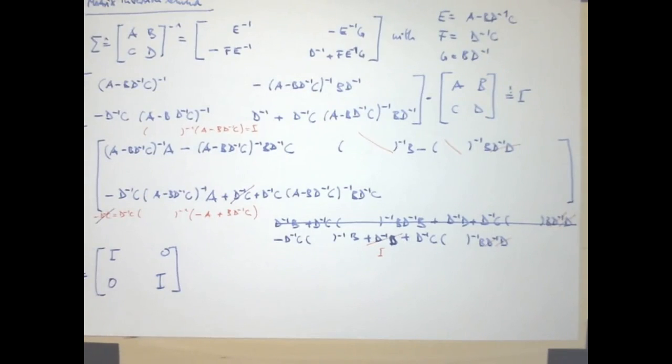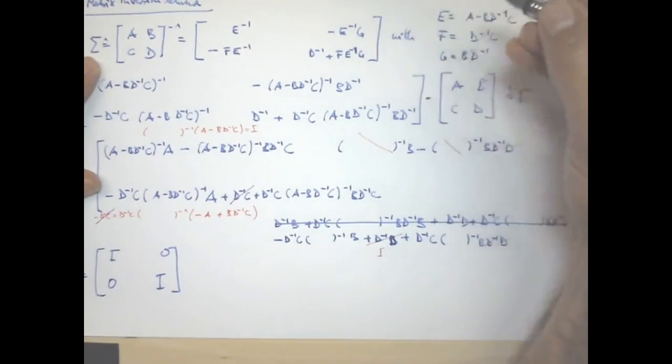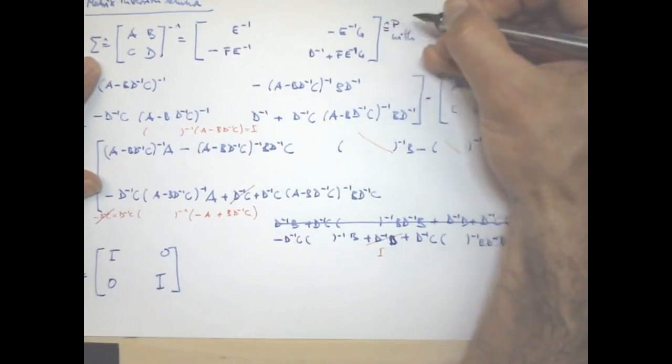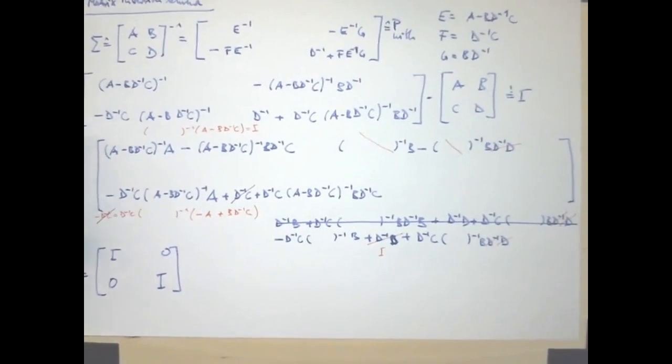Okay, so this corresponds to sigma, and this corresponds to our precision matrix. And now we can use that.